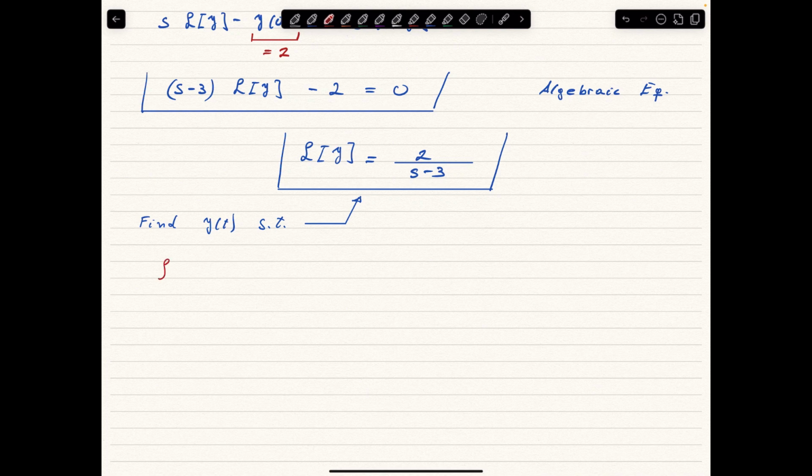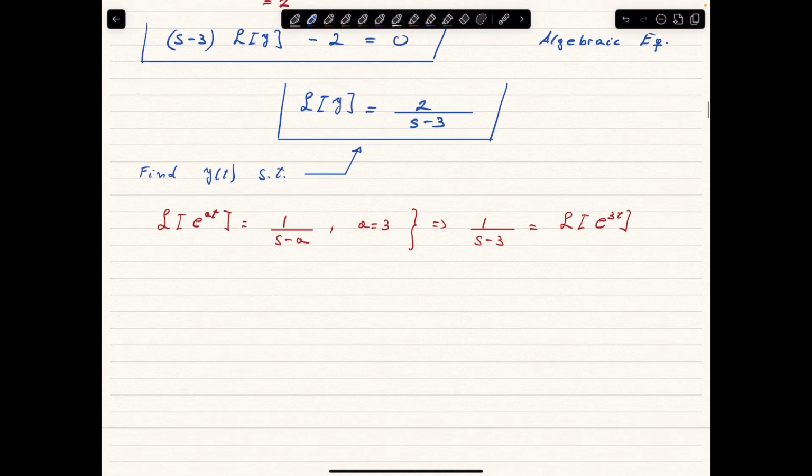Before we showed that the Laplace transform of any exponential at is 1 over s minus a. So if we say a equals 3, like when we did the calculation, what happens? Well, 1 over s minus 3 is actually the Laplace transform of the exponential 3t.